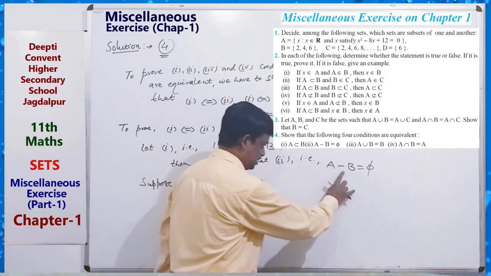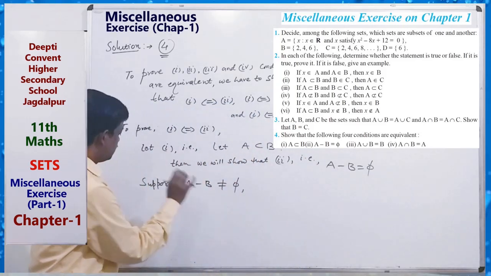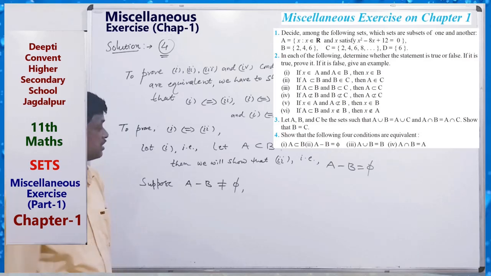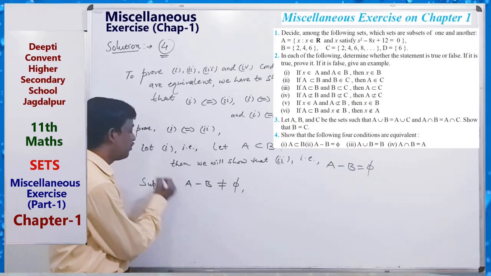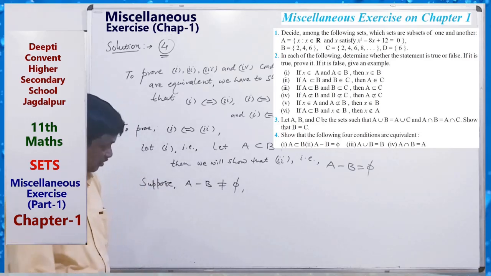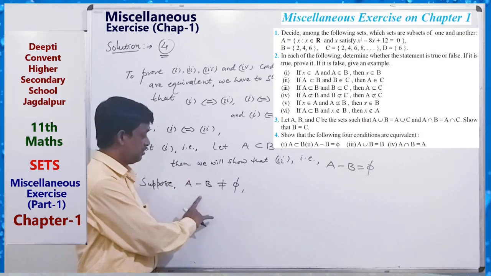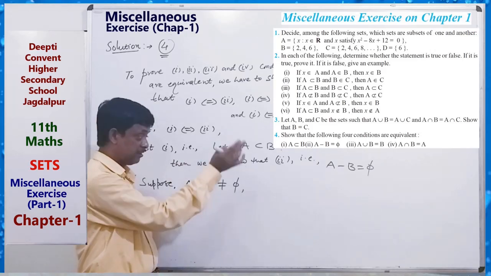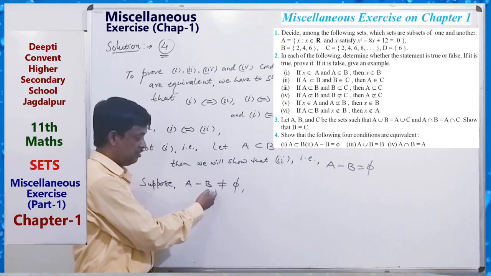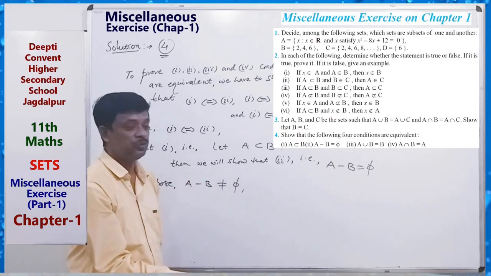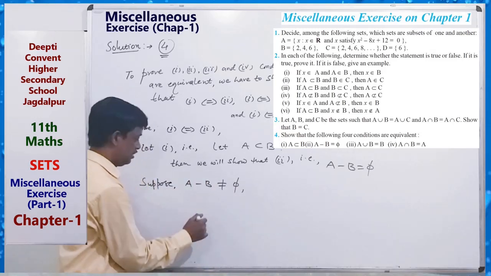We have to prove this, but we are supposing A minus B not equal to phi. If we get a contradiction, then its opposite will be true.